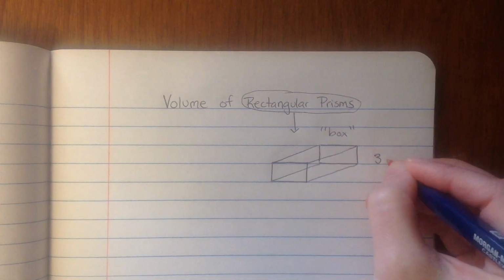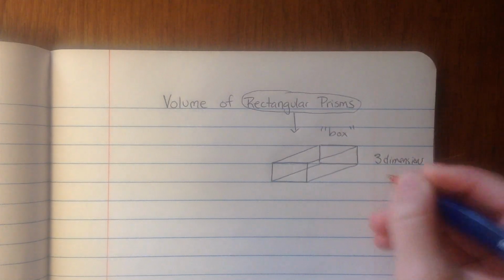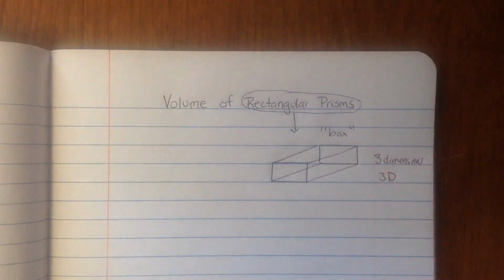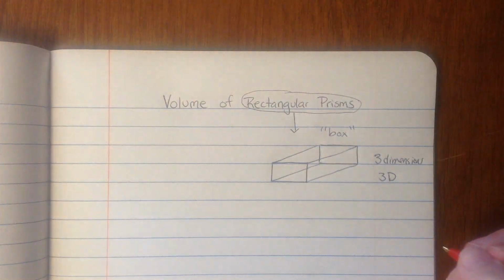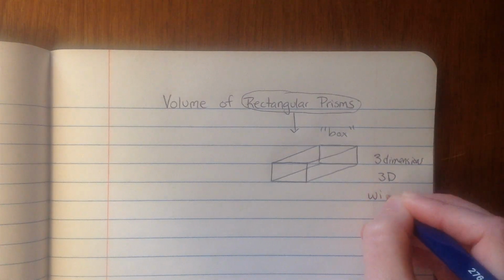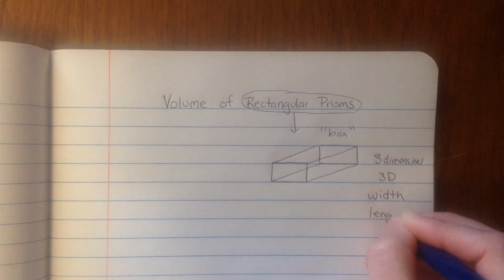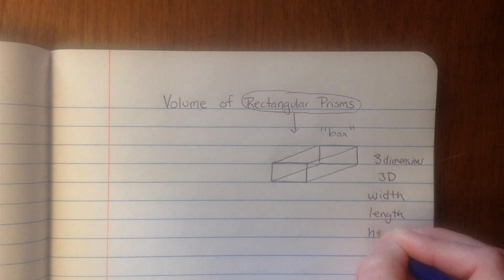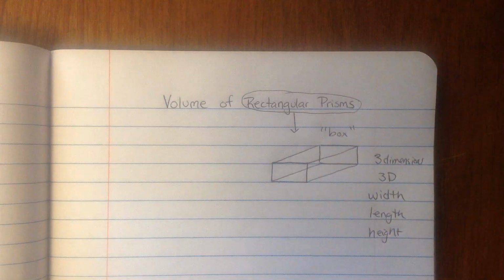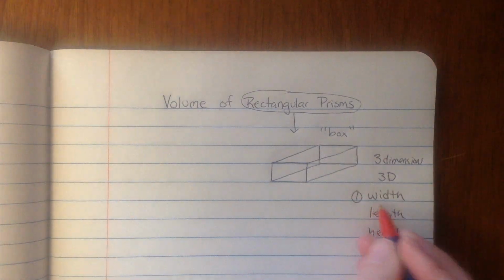So we call this 3 dimensions. Or you may be more familiar with 3D, which just means that you are able to measure a width, a length, and a height of this shape. And so if you think about the ways that we might measure this, number one, we might measure the width.